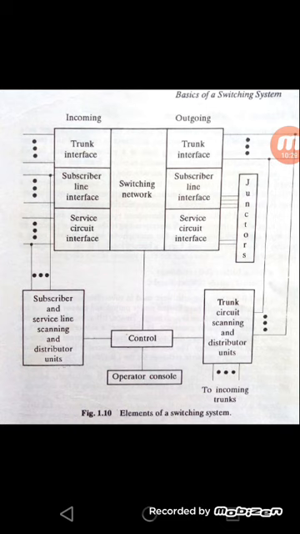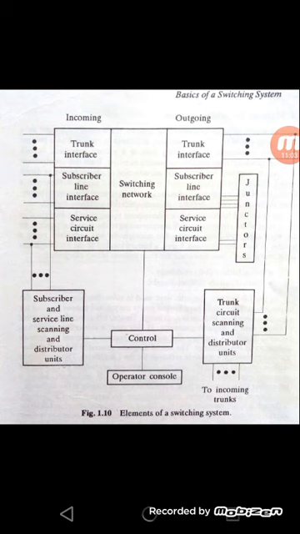Next one is distributor units. Distributor units send out signaling information on the respective lines.